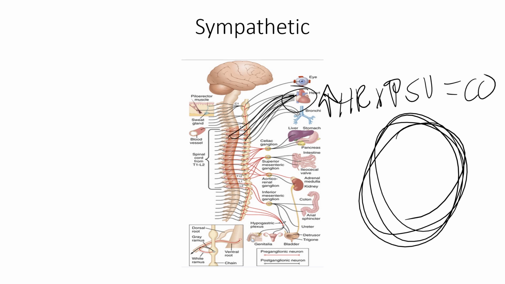Now, here's the other thing that we haven't discussed. The sympathetic neurons also travel out to really all of the systemic arteries throughout your body.